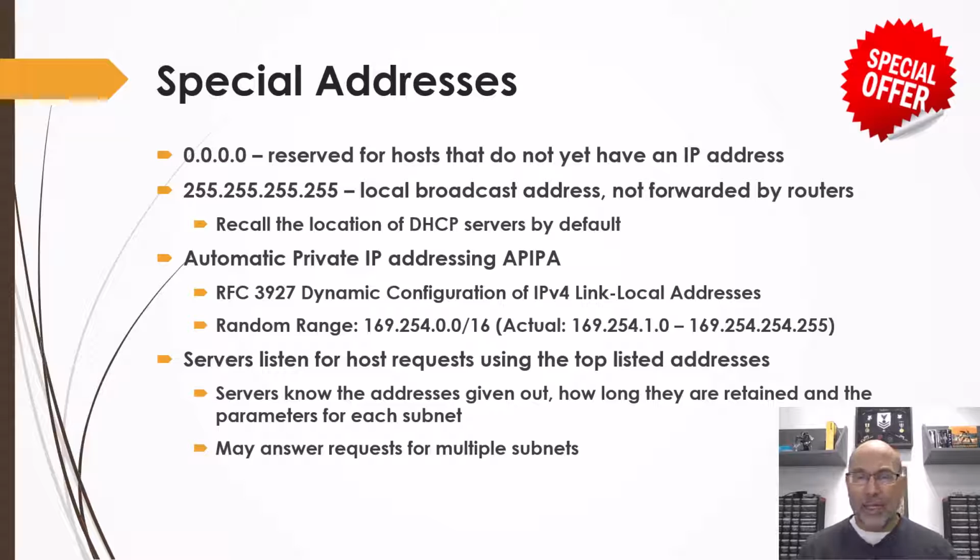The commonly used prefix is 169.254.0.0/16. The actual range of addresses specified in the RFC is 169.254.1.0 to 169.254.254.255. And what this means is that if there's no answer from a DHCP server, the host will automatically select an address in this range for themselves. This will allow them to communicate with other nodes that have also gone through the APIPA process.